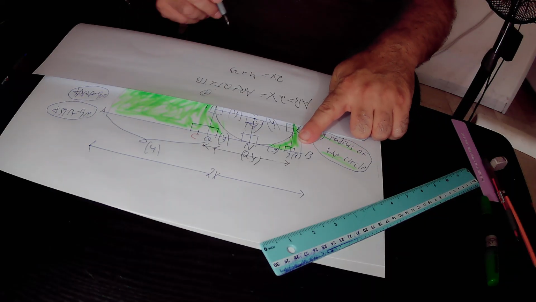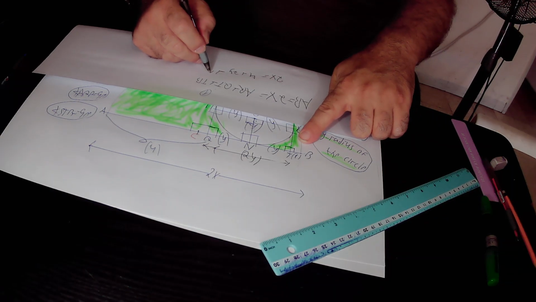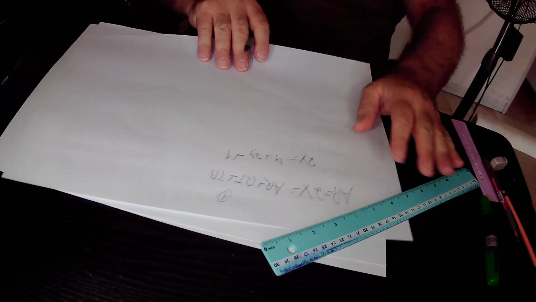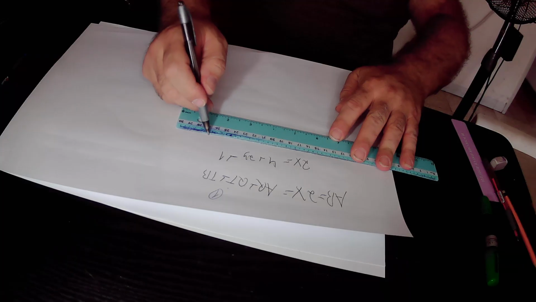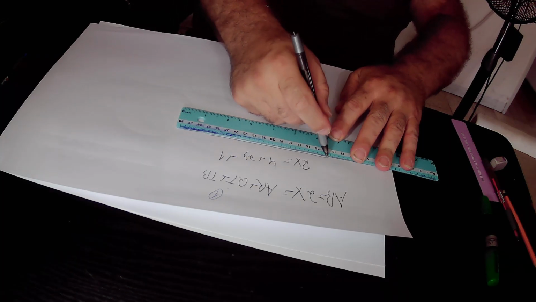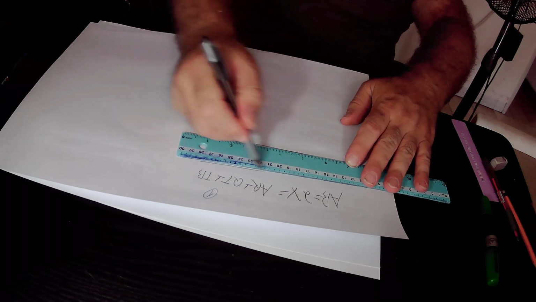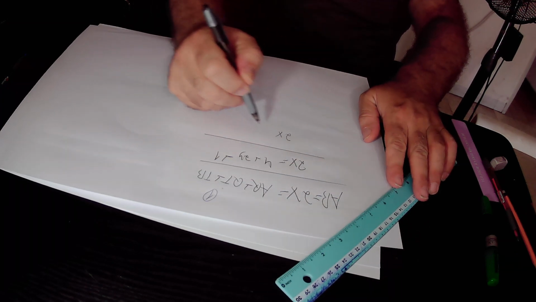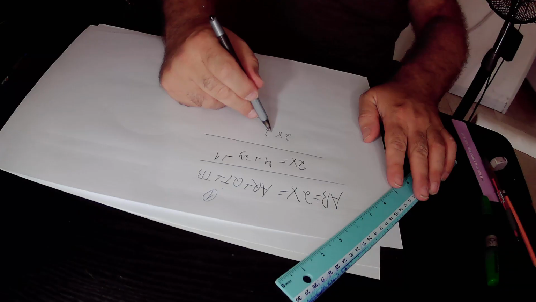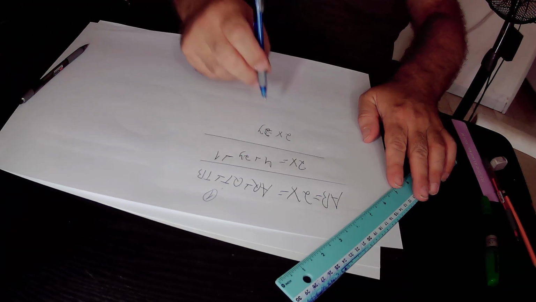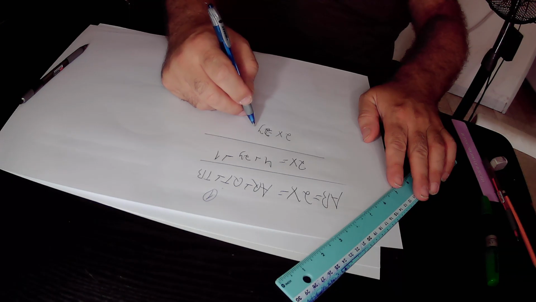TB equals 1 unit in length, according to what is given in the question. So in total, we found that 2x equals 4 plus 2y plus 1. So 2x in total equals 2y plus 5.